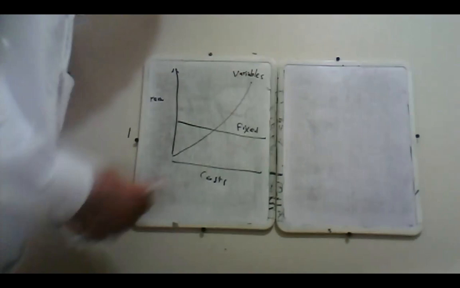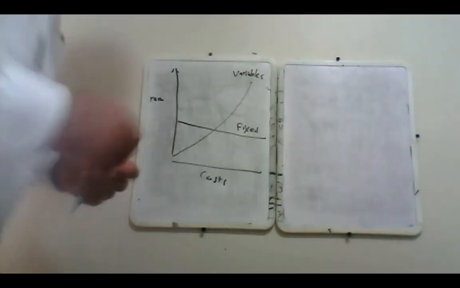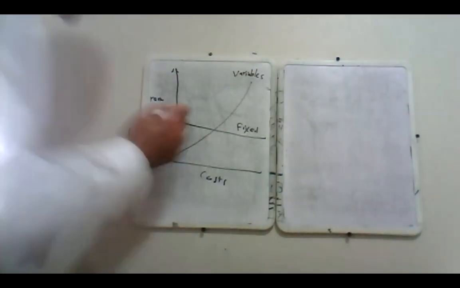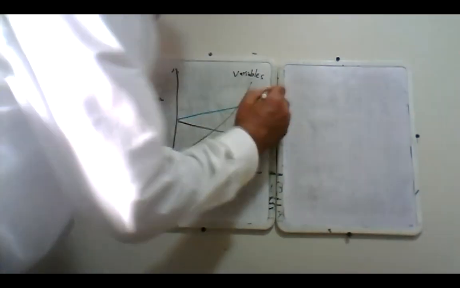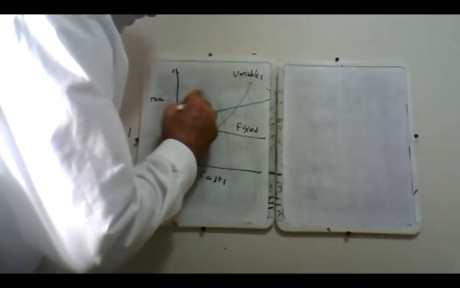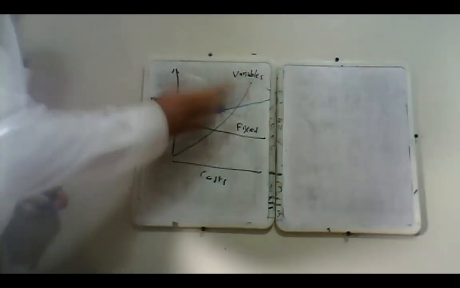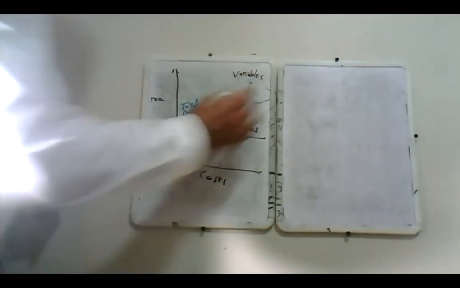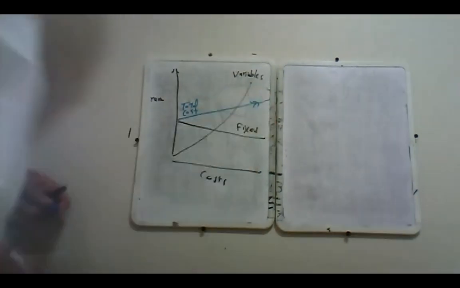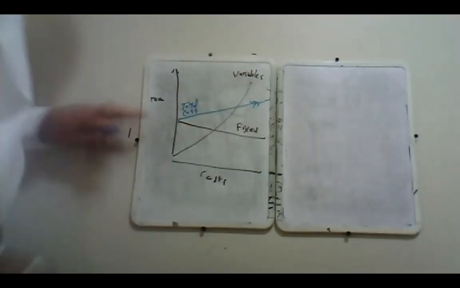Then we have something called total costs. I will do it in blue so you will understand it. This is the total cost. The total costs are both the variable and the fixed.